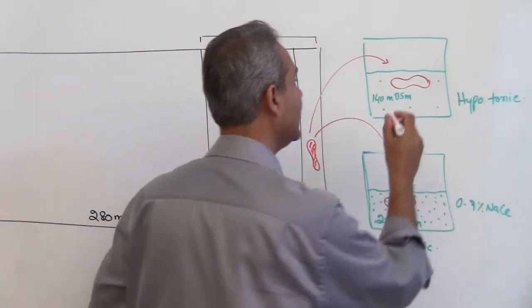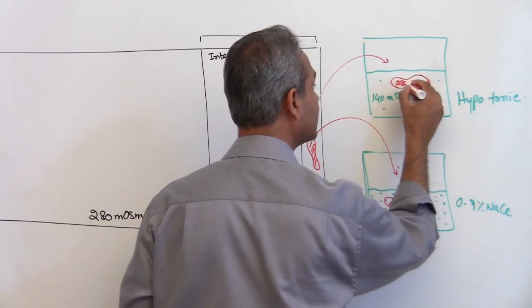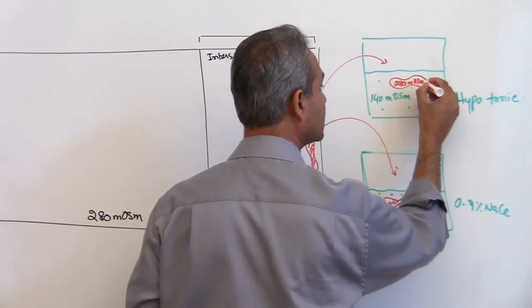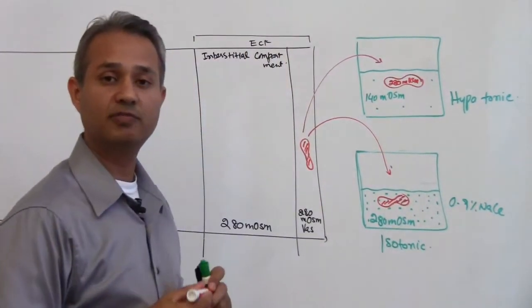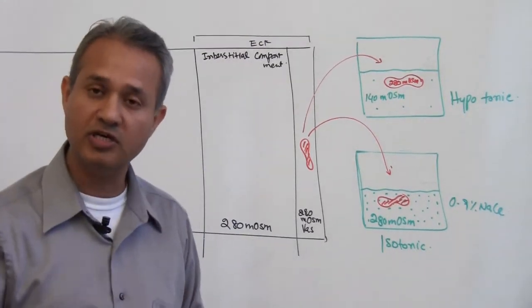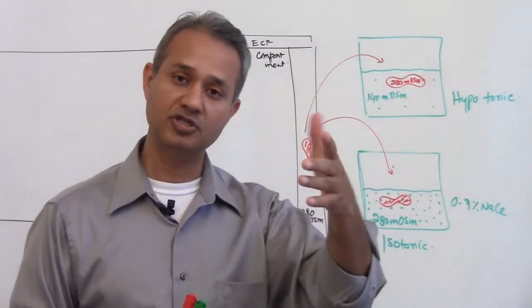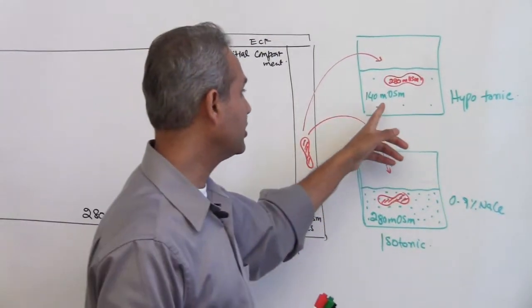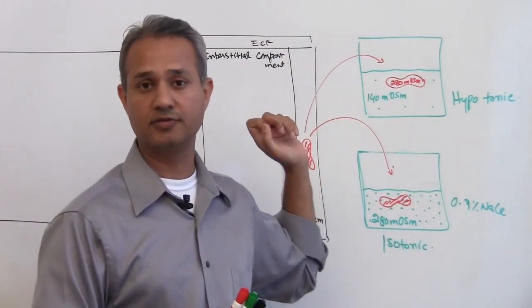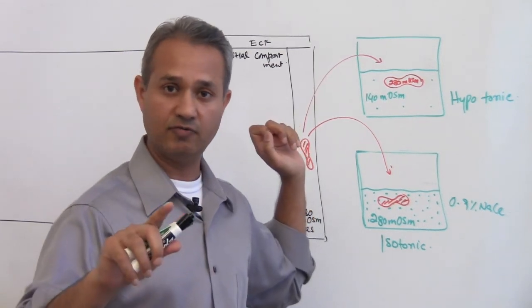So the RBC has 280 milliosmoles. What does that mean? It's a concentration unit, right? So 280 milliosmoles will mean more concentration of solutes as compared to 140 milliosmoles. Correct?